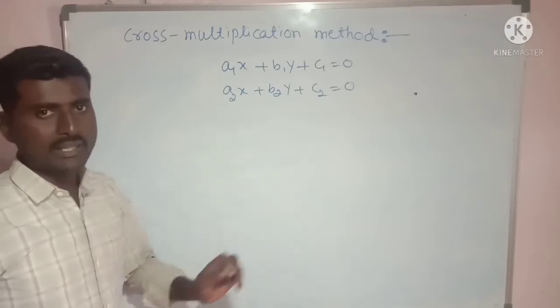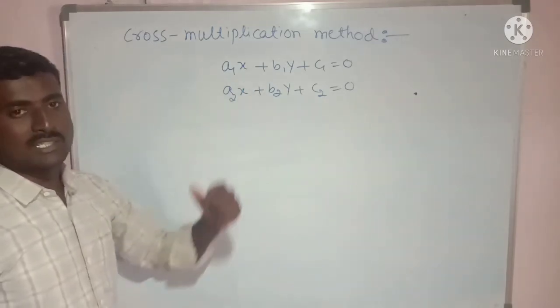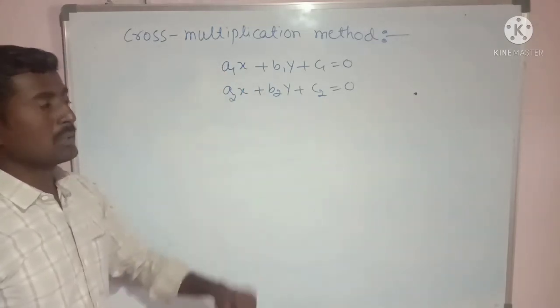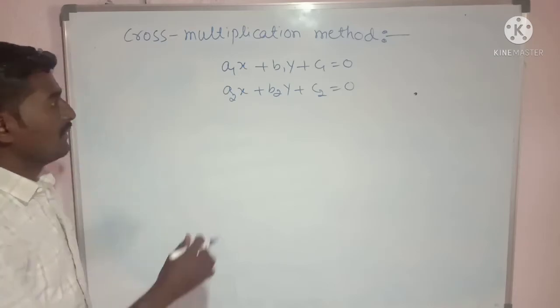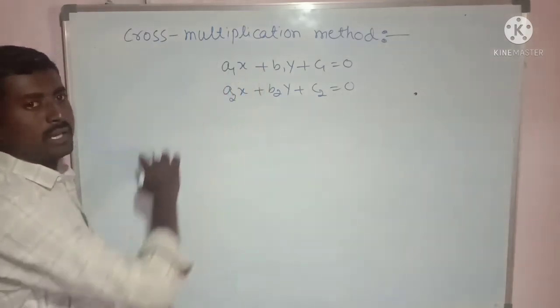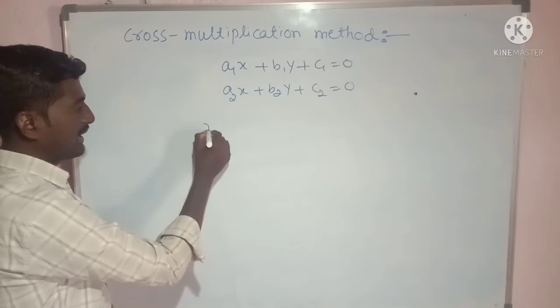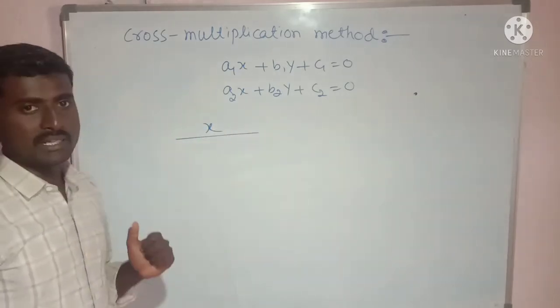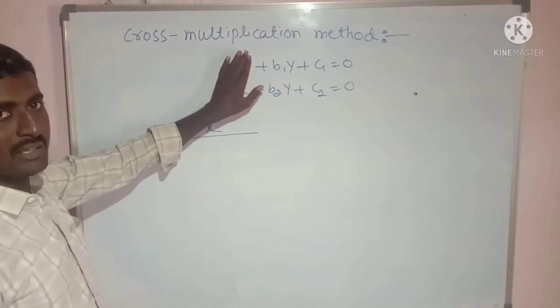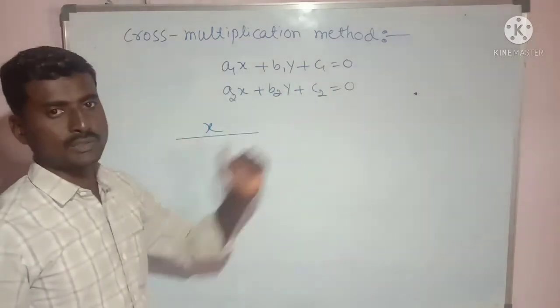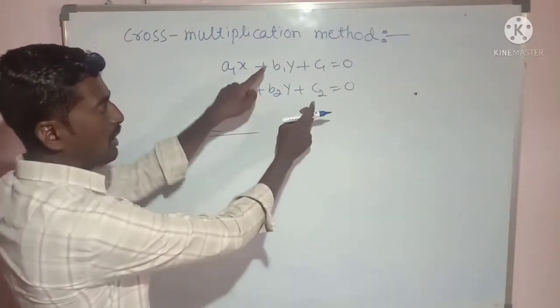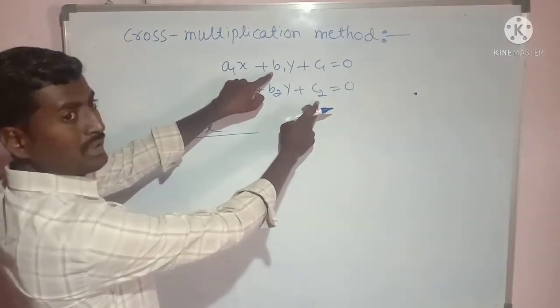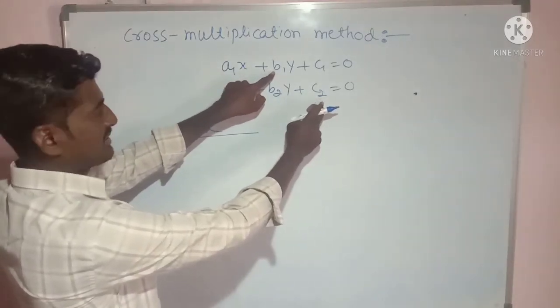So how to solve these two equations by the cross multiplication method? The first variable is x, so I'll write x divided by. In the denominator, you remove the first term and concentrate on the other two terms. First we have to multiply them, left top, right bottom.